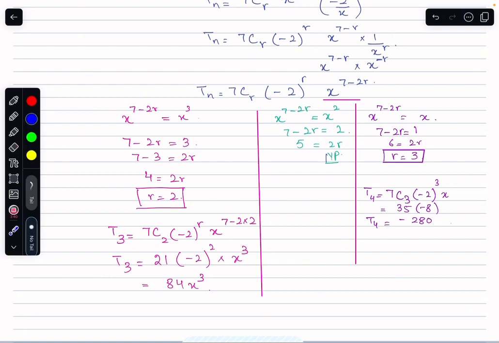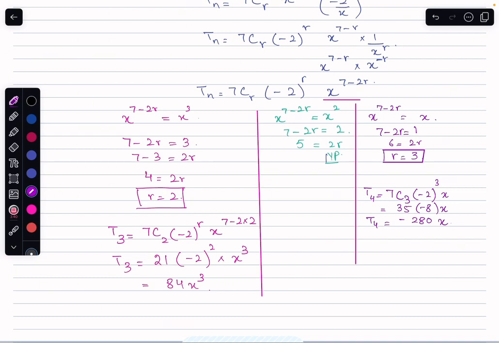And again here I can say it's 7C, restriction 3 times negative 2 to the power 3 and multiplied by x. 7C3 is 35 times negative 8 and x, or I can say that the T4 here shall be equal to negative 280x here.